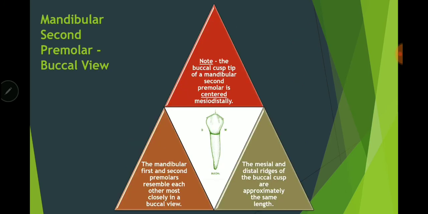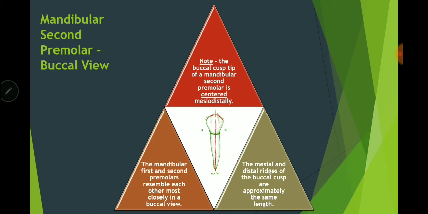In the buccal view of the mandibular second premolar, the buccal cusp tip is centered mesiodistally. You can see the arrow there, and you come down there, it's almost in the center. And the mesial and distal ridges, you can see the lines here.